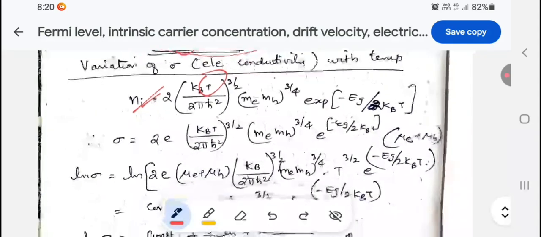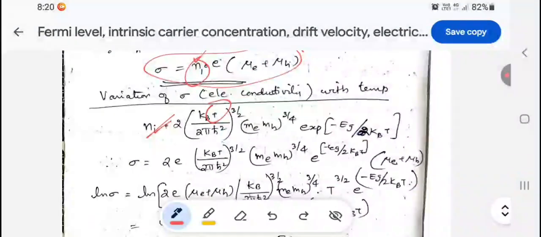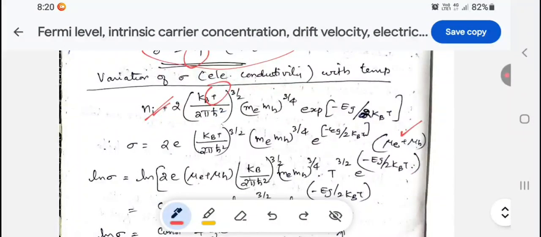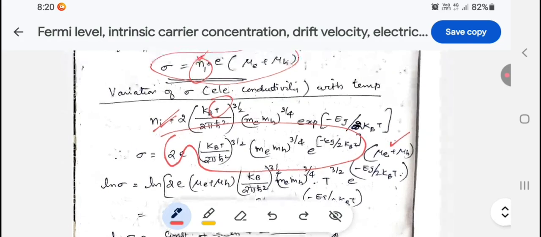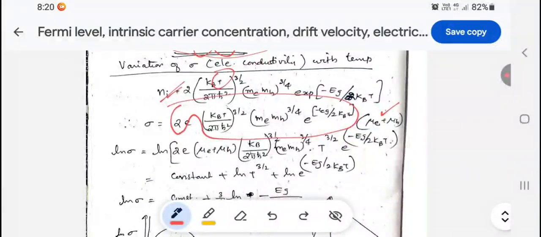Therefore, by substituting this Ni term, what is the value of sigma? Ni into e into mu E plus mu H. So here comes this mu E plus mu H. Here comes this term, 2 times, and this entire term represents Ni. Then we have this additional term for the charge of the carrier.